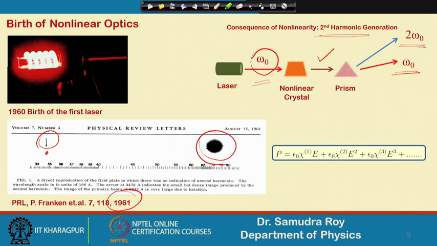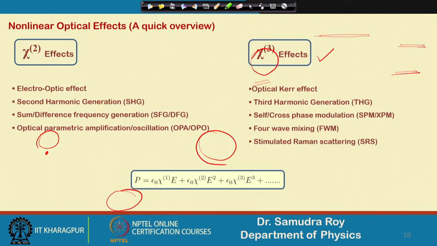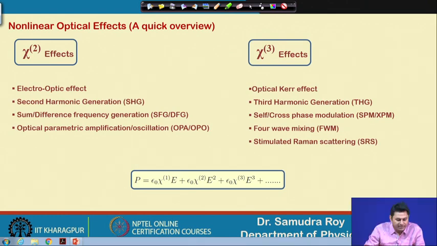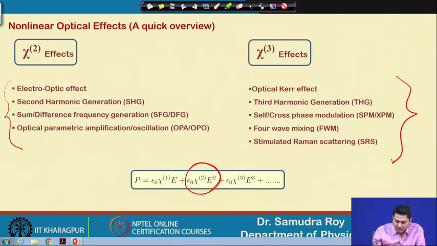Okay. So, if I go back to the effects, these effects are something like this. The nonlinear effects are basically subdivided into two parts, one is the chi2 effect and one is the chi3 effect. In the chi2 effect, we have the term related to E square, and in the chi3 effect we have the term related to E cube.